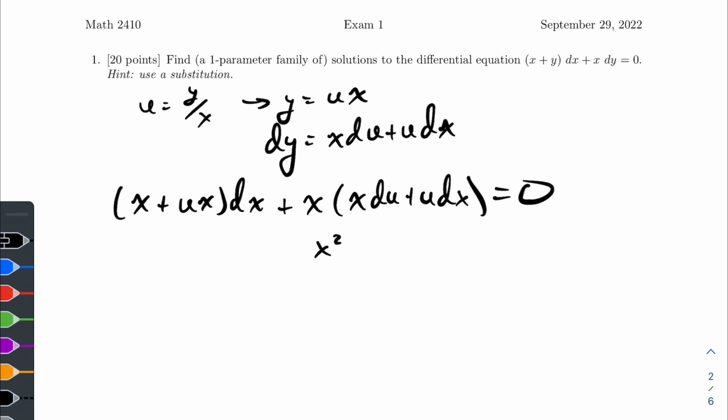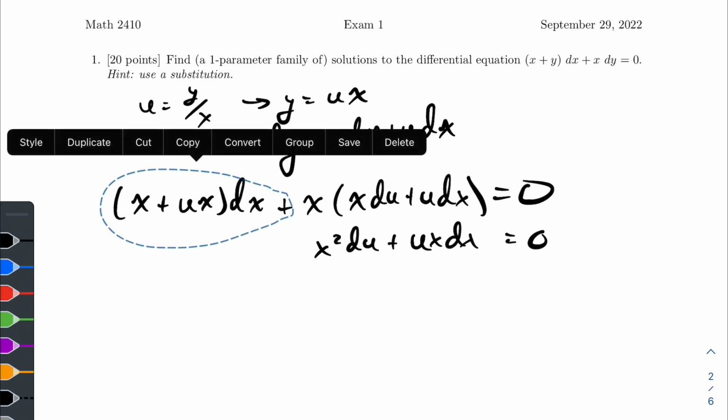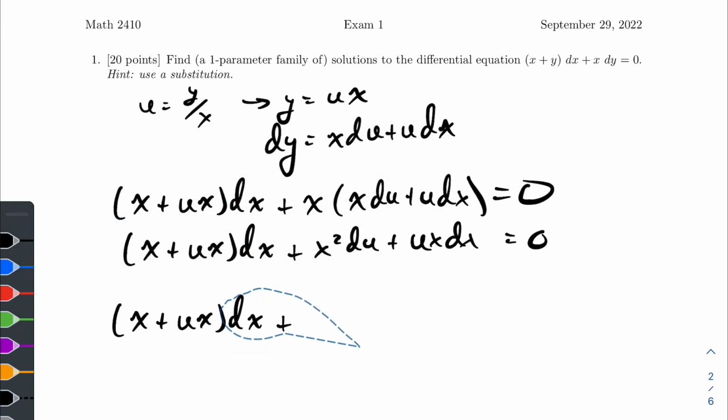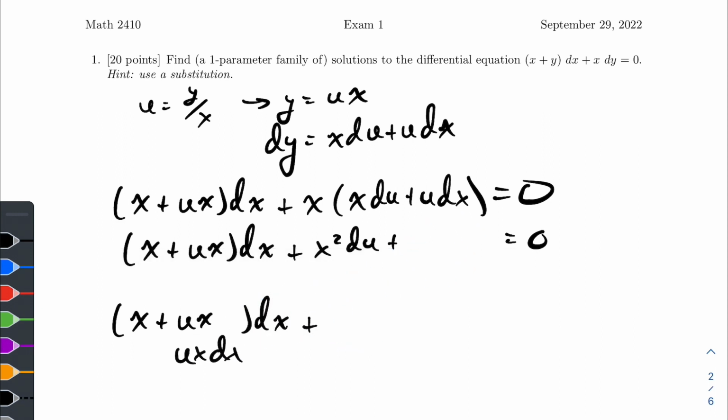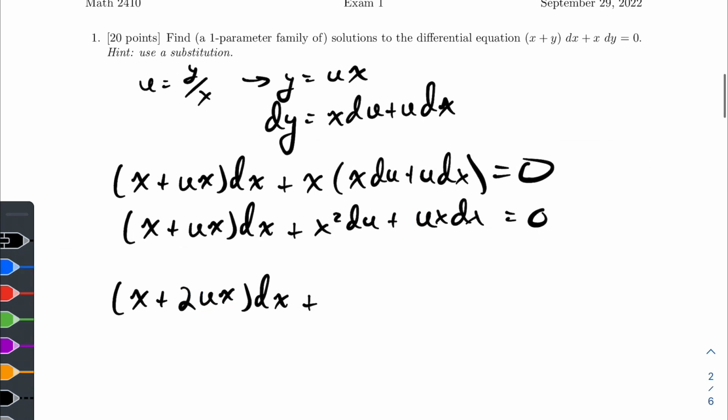So this right now is x squared du plus ux dx. And so if I group this in here, I'll have 2 ux's, right? So I'm just going to make this a 2ux, and then plus x squared du.